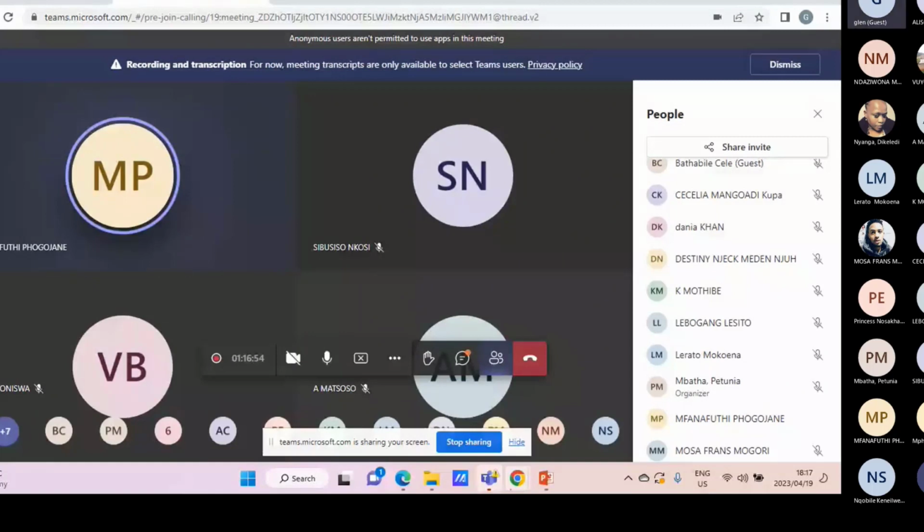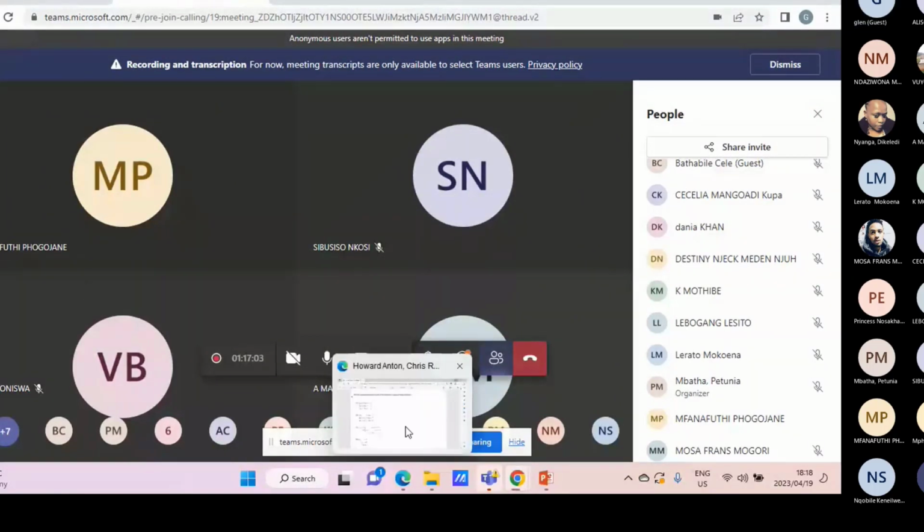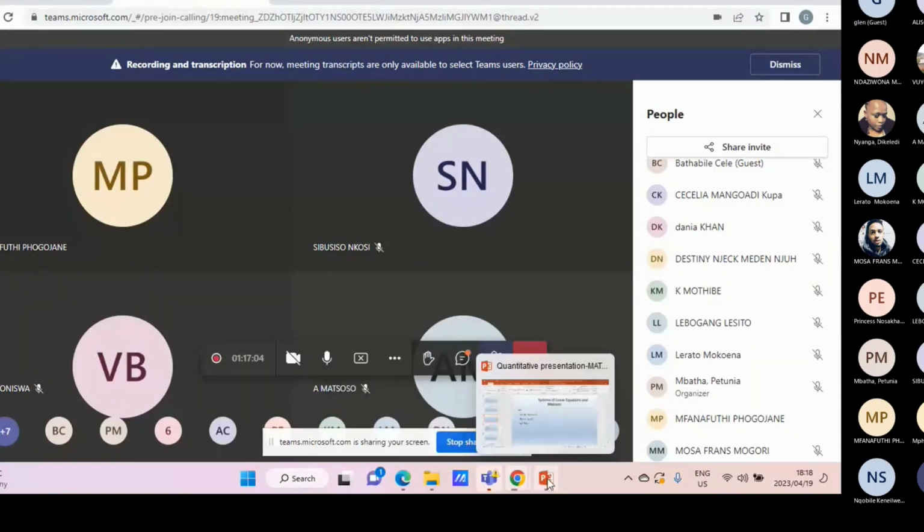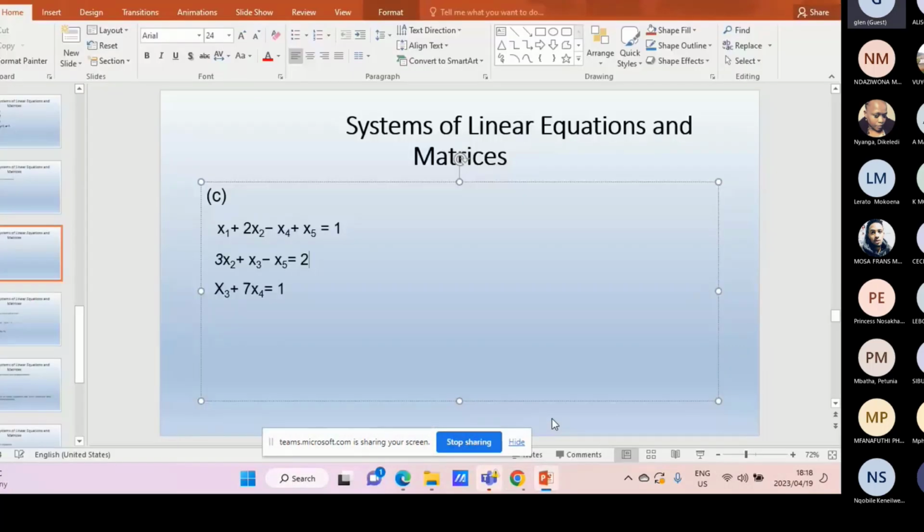Now, did anyone understand the way we solved this exercise? It's an exercise with many unknowns and fewer equations, where the non-leading variables are chosen to be anything or arbitrary numbers.